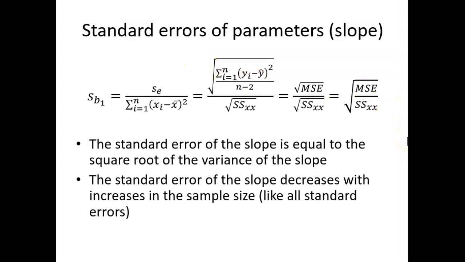Okay, so the standard error of the slope can be calculated in a number of ways, and that's what all of this mess is. The good news at this point is that we'll never calculate these standard errors of the slope and intercepts by hand. It's all being done by the computer for us.